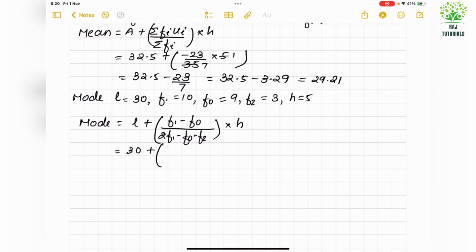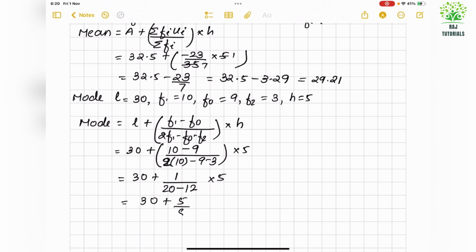So this will be 30 plus (10 minus 9) upon (2 into 10 minus 9 minus 3) into 5. So this will be 30 plus 1 upon 20 minus 12 into 5. So that is 30 plus 5 by 8. So that is 30 plus 0.62. So 30.6.